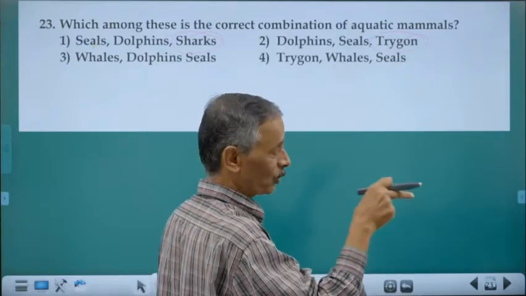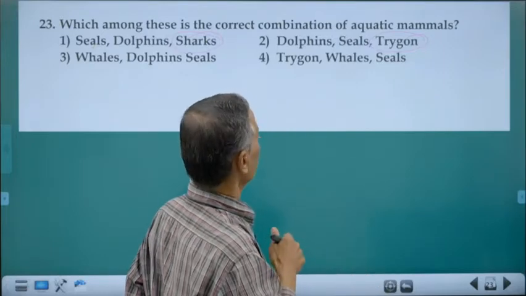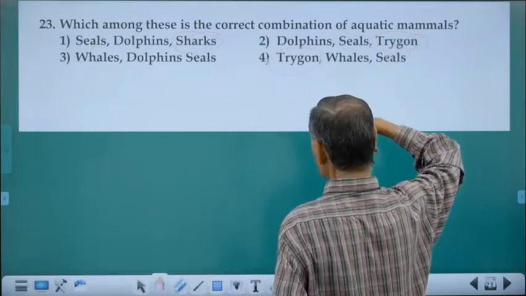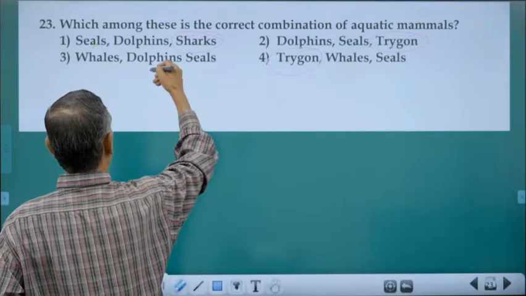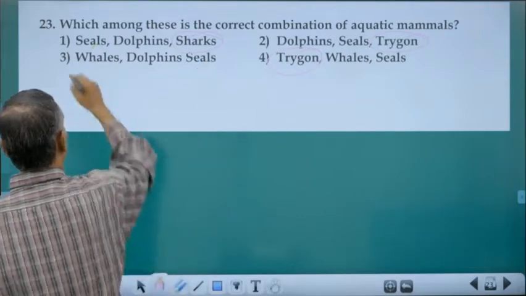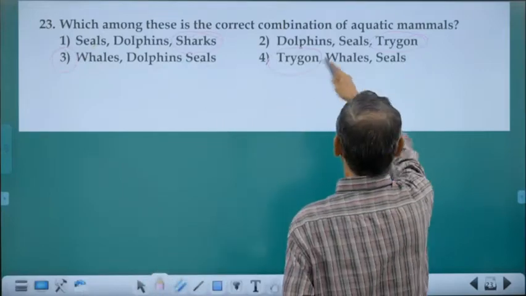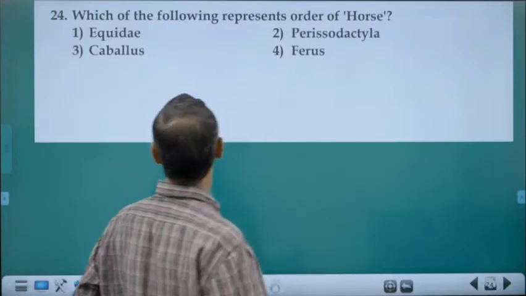Okay, trygon is the poisonous stinging ray. Stingrays, they are all fishes. Whale correct, dolphin correct, seals correct. So the answer goes to 3. Here, trygon and shark, they are all cartilaginous fishes.